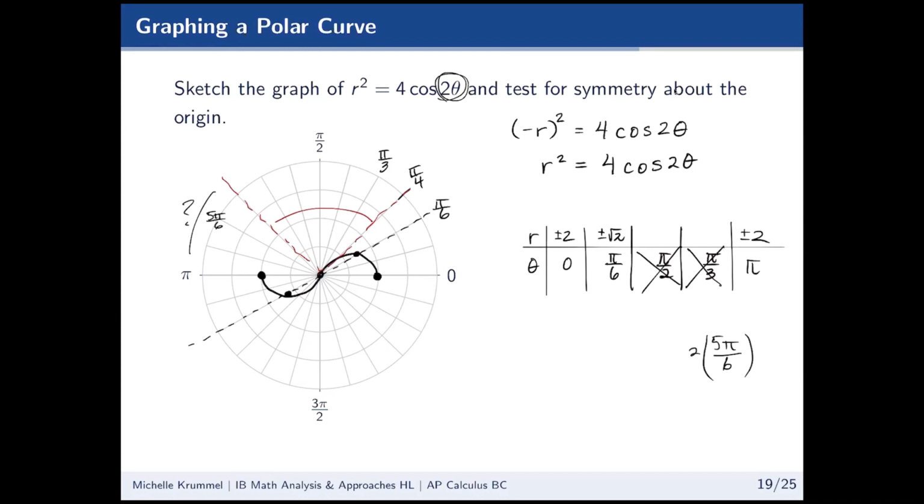The cosine of 5 pi over 3 is 1/2. Times 4 is 2. So r squared equals 2. That is going to mean r equals plus or minus root 2. So for 5 pi over 6, we're going to go out root 2, which is about right there, and then negative root 2, which is about right there. So what we're getting here is like this figure 8 with an orientation like so.